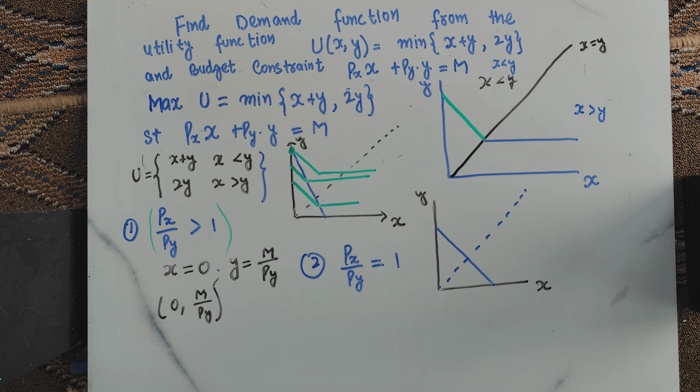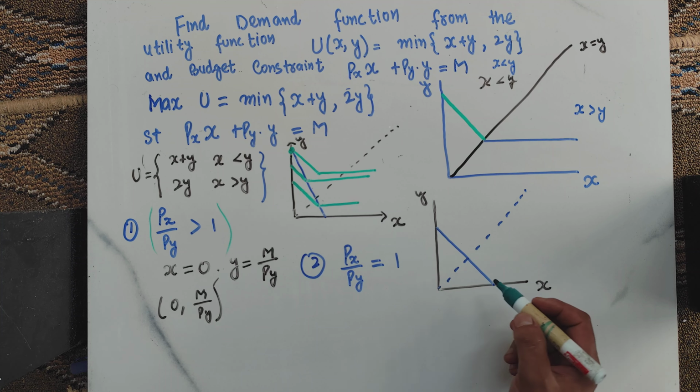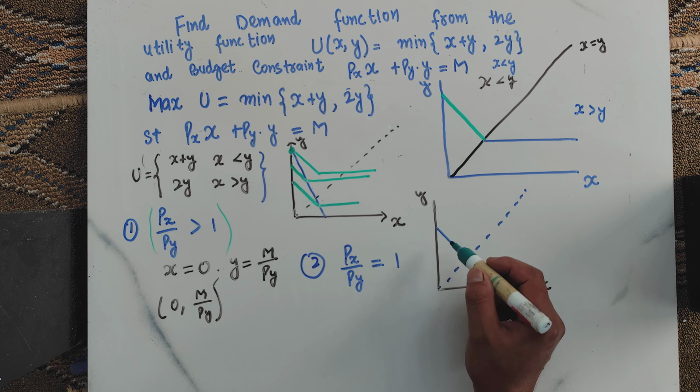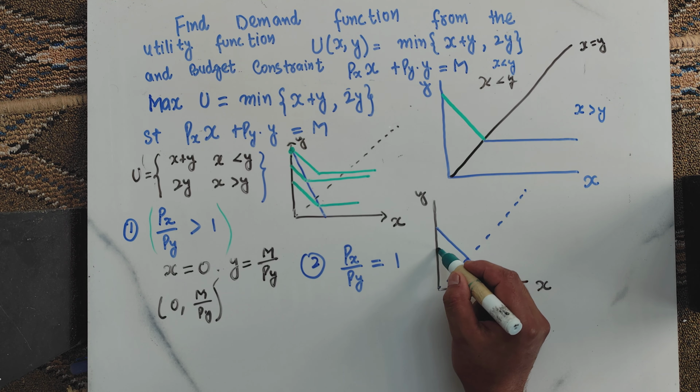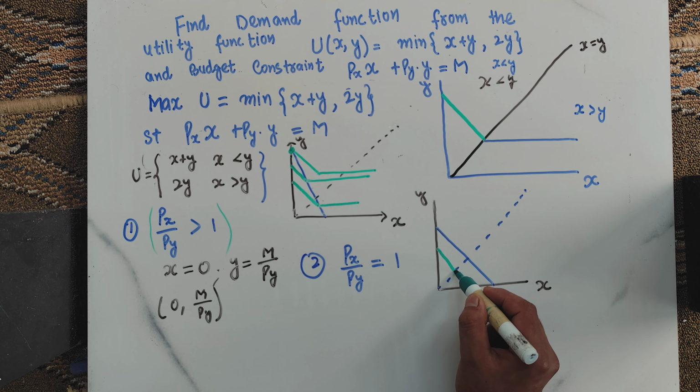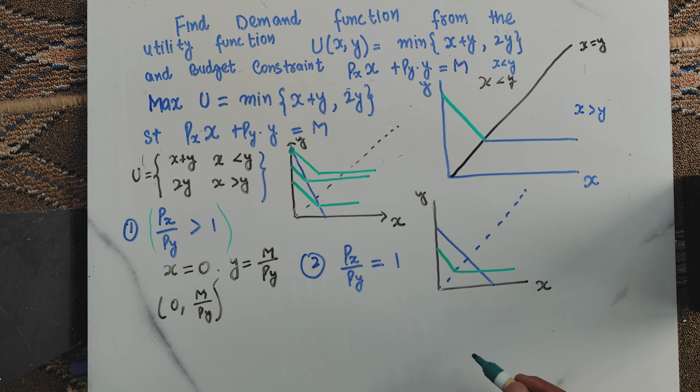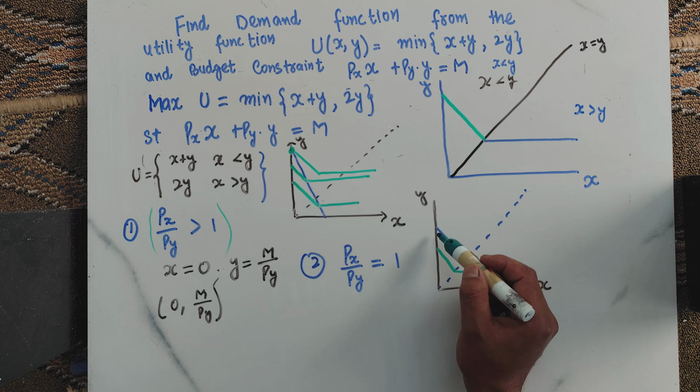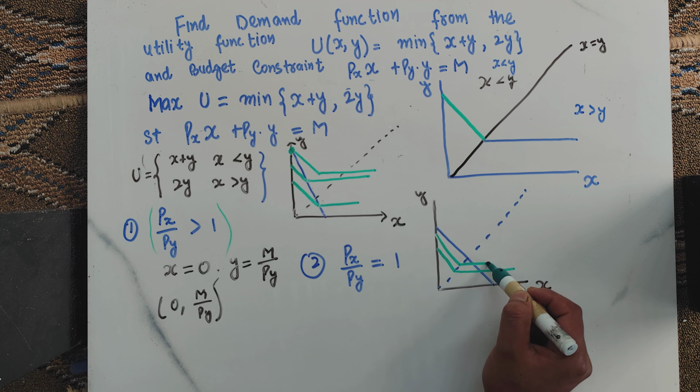Now with the given budget line, the consumer wants to reach the highest possible indifference curve, satisfaction. So the first indifference curve will be this. Okay, it will not give him the maximum satisfaction. So we will take another indifference curve like this.